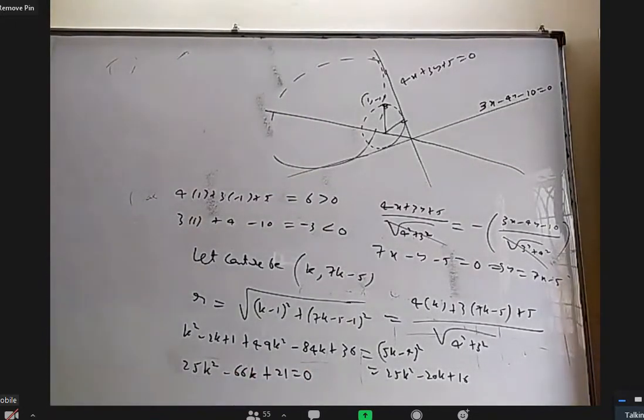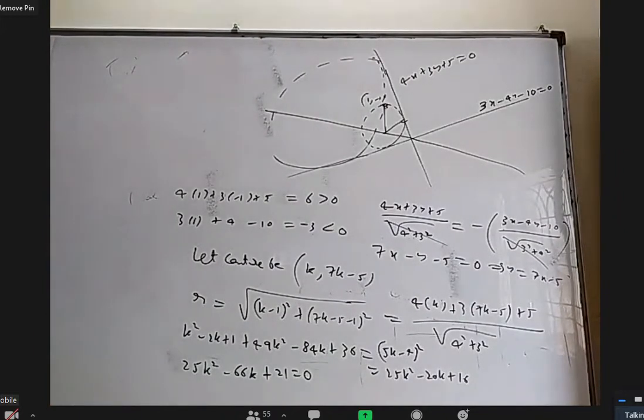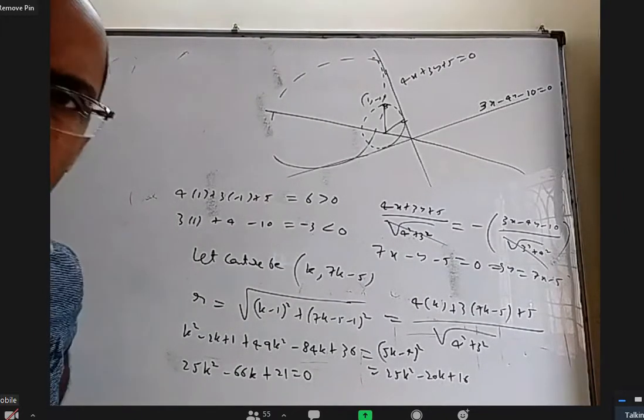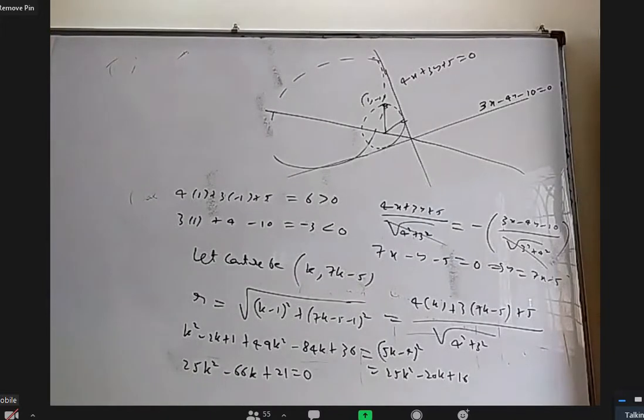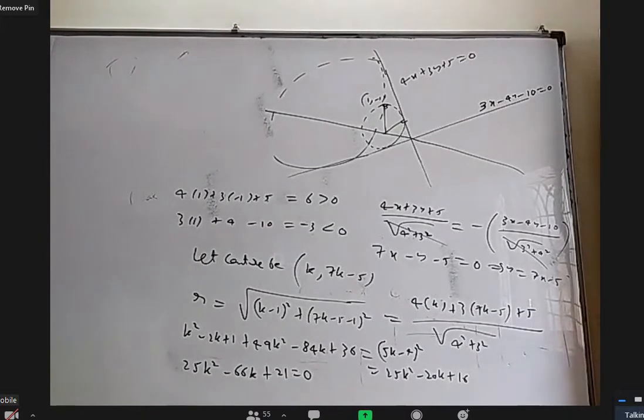Does it have any roots? This is 25 into 5, how much? 105 and 525.